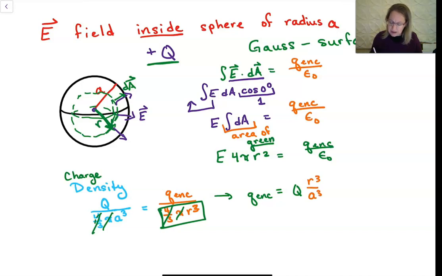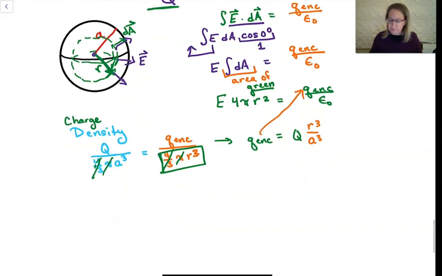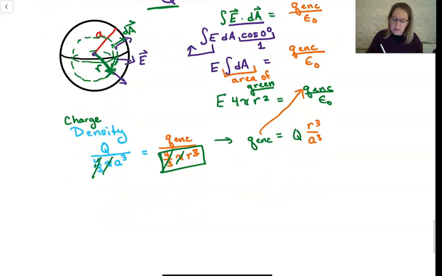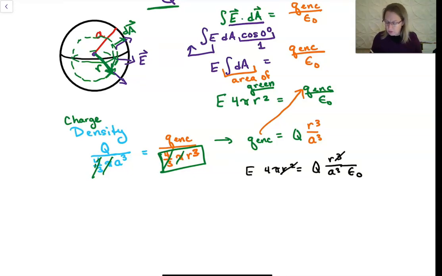So I need to stick that in this expression. Plugging that in, I have E times 4 pi r squared is equal to Q r cubed over a cubed, and then there's a 1 over epsilon naught. I've got an r squared and an r cubed, so those cancel, leaving just r to the first power, and the electric field equals 1 over 4 pi epsilon naught Q r over a cubed.